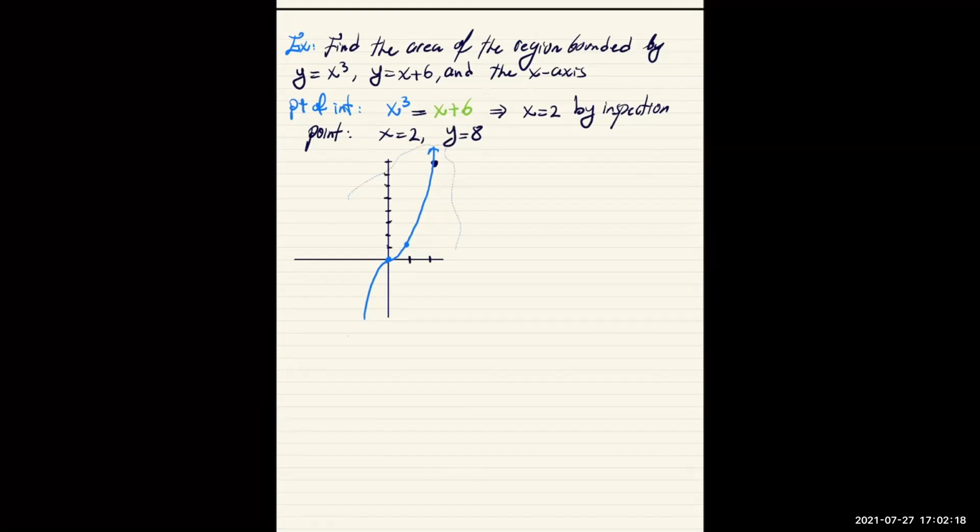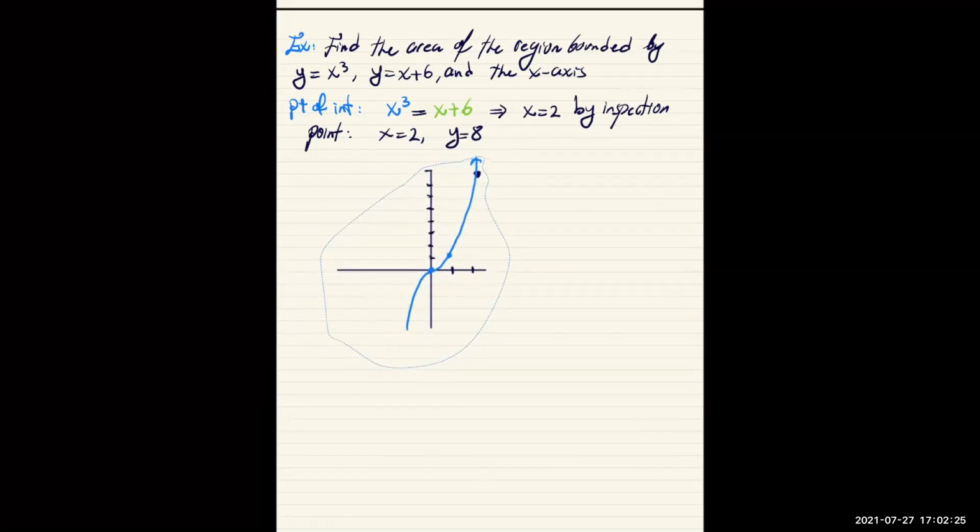To graph the line or the green function, y equal to x plus 6, you can choose -6 for x because that gives me the x-intercept. If I choose -6, plug it in there, I get 0.